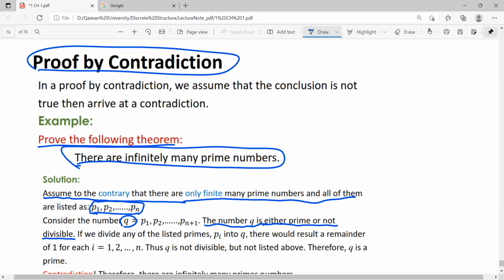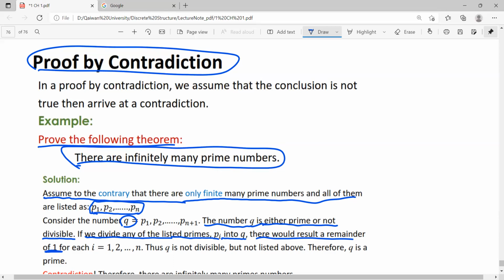We say if we divide Q by any of the listed primes P1, P2, P3, up to Pn, the remainder is 1.